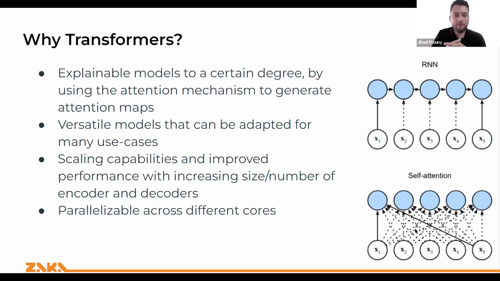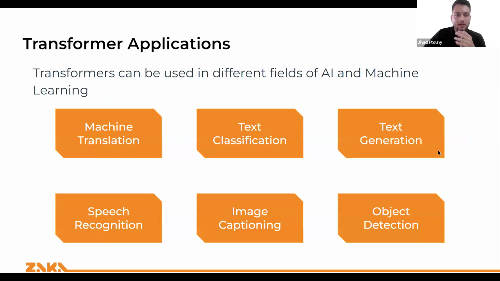And they're also very efficient for parallel processing, or basically doing calculations simultaneously. Again, just as a quick slide here, we have the use cases or applications that we can use transformers in, such as machine translation, speech recognition, text classification, image captioning, text generation, and object detection.